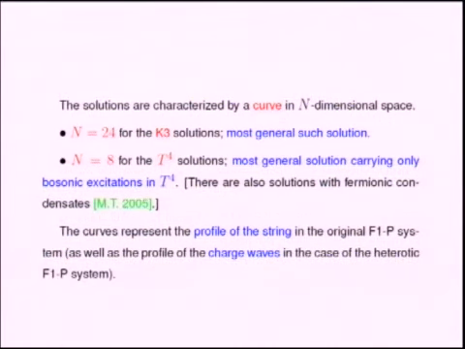Okay, so all the solutions you get are characterized by curves. Remember, in the original system, we have arbitrary curves describing the transverse profile of the string. So now, the solutions in the D1, D5 frame are also going to be characterized by curves. In the K3 case, the curve sits in 24-dimensional space. The reason it's 24-dimensional is because that came from the heterotic string. The heterotic string had not just the profile in its transverse 8 dimensions, but it also has charge waves as well.